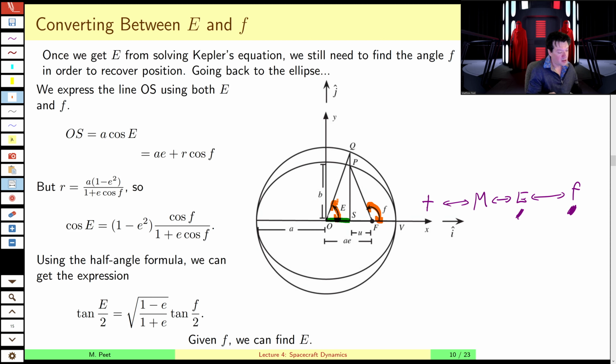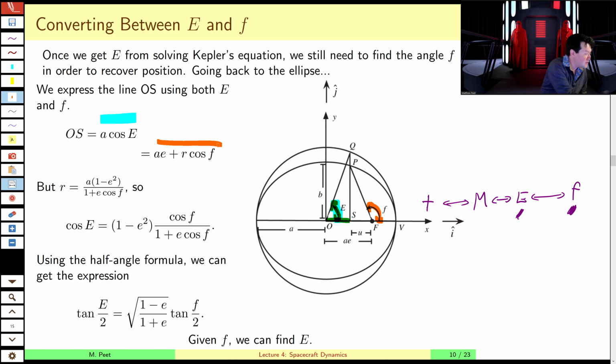This is it in terms of eccentric anomaly, and in blue, in terms of true anomaly.